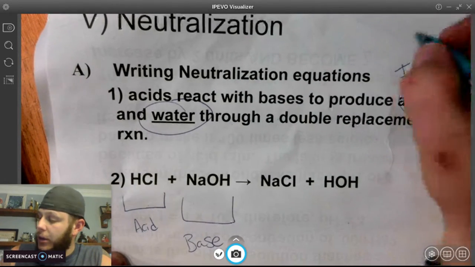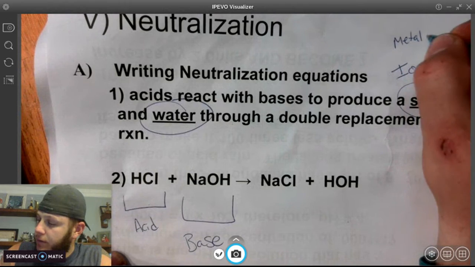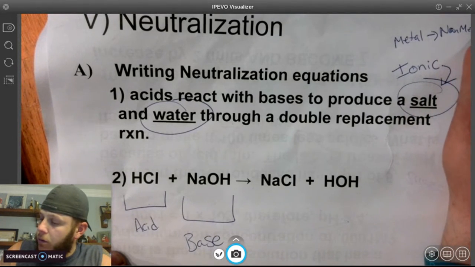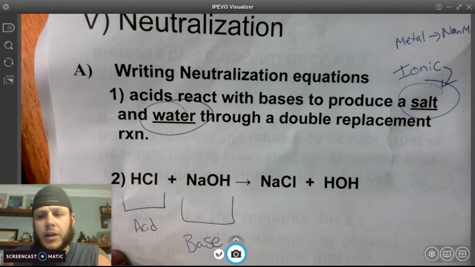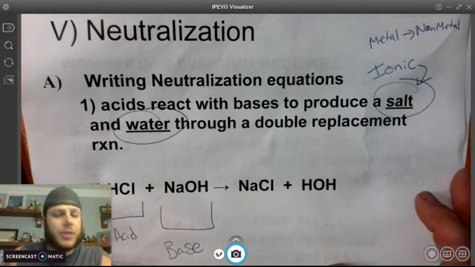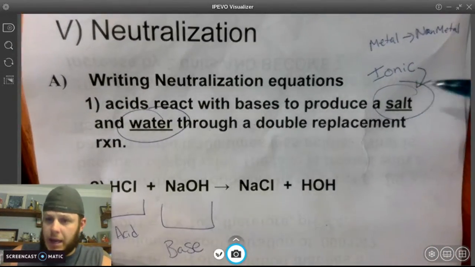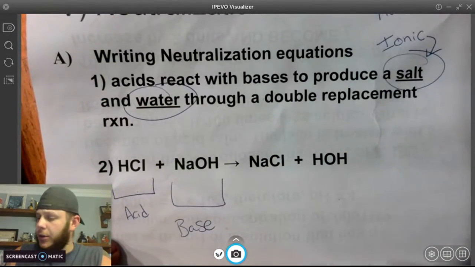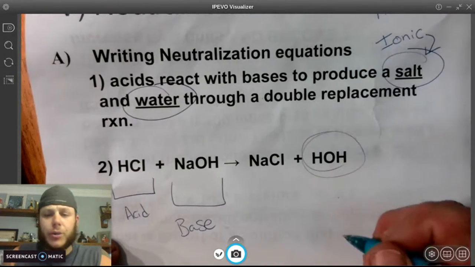And how do we know something's an ionic bond? It's a metal bonded to a nonmetal. So, a couple of things, right? Salt, ionic, metal, nonmetal.